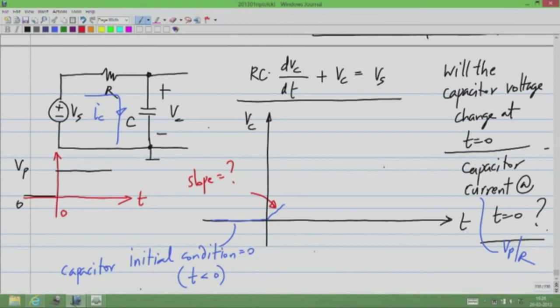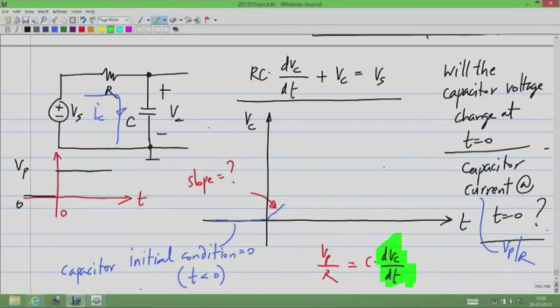So the current through the capacitor is Vp by R, which also in terms of the capacitor voltage is C times dVc by dt. Okay, so what I was looking for was dVc by dt, the slope of the capacitor voltage.